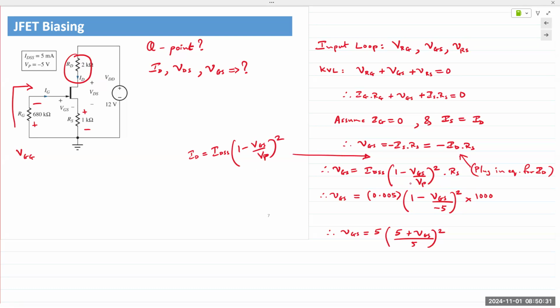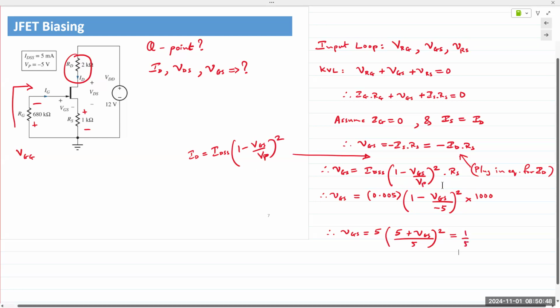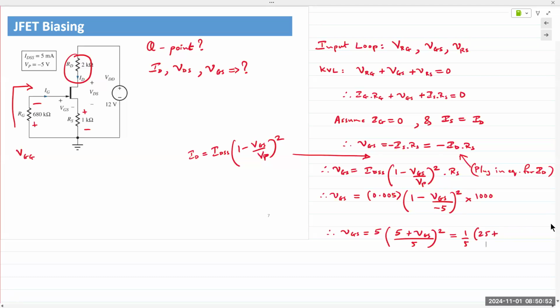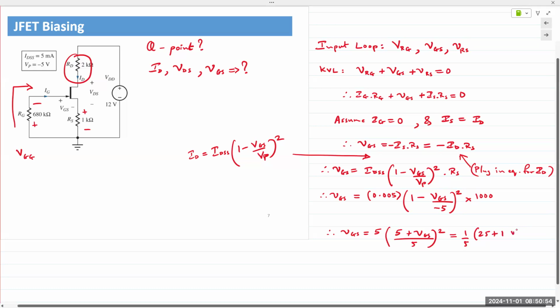IDSS is 5 milliamps and RS is 1000. So this gives us 25, and we take the 25 outside. We get 1 over 5, and then here we get 25 plus 10 times VGS plus VGS square.